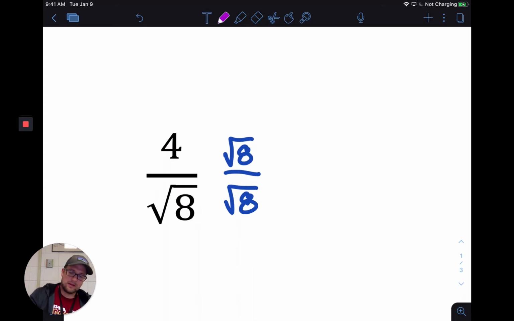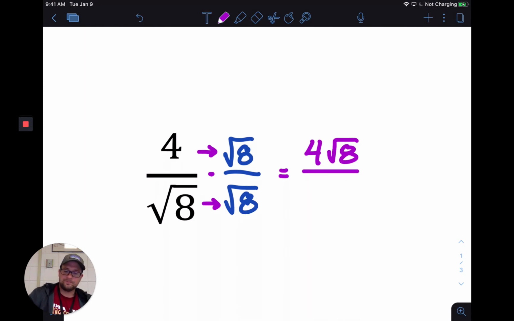The way we multiply fractions is we multiply straight across in the numerator and in the denominator. Since 4 is an outside number and the square root of 8 is an inside number, those two numbers won't change one another. They just have to be put next to one another. So 4 times the square root of 8 is really equal to 4 square roots of 8.